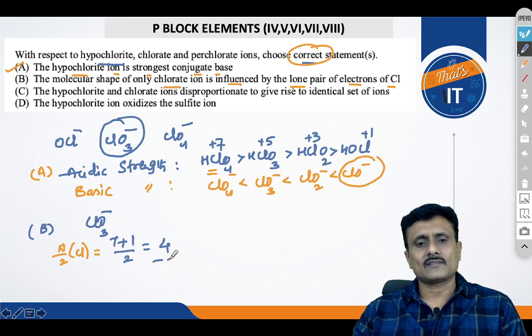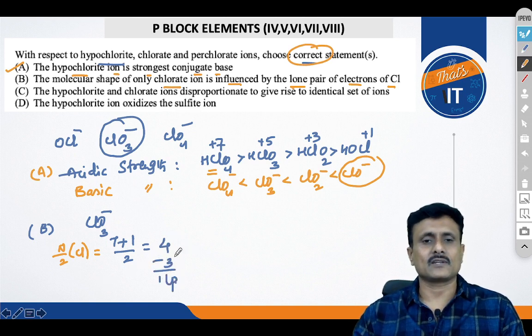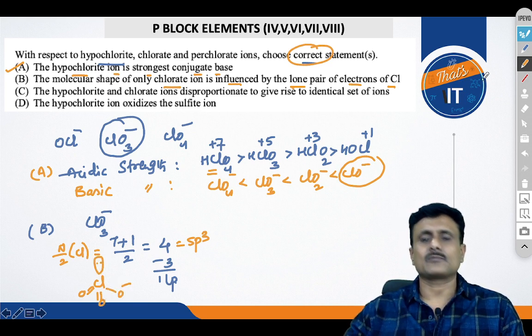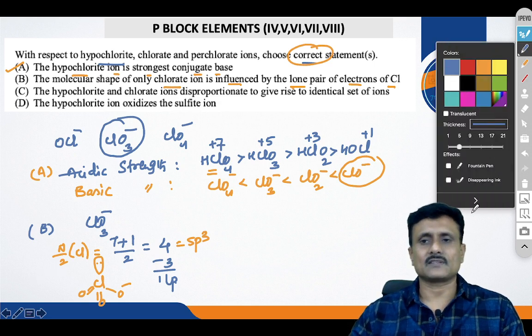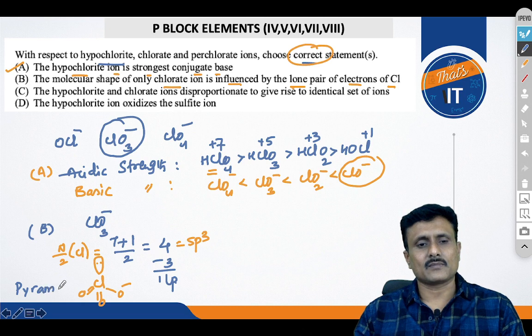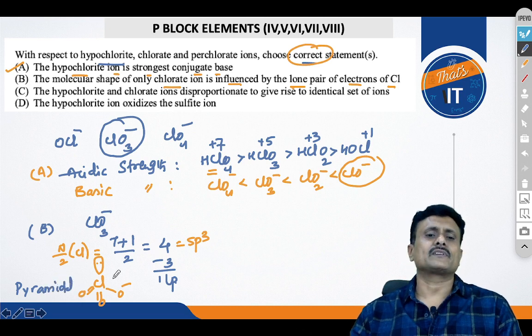So 4 minus 3, that means there is one lone pair present on the chlorine, and you know that the hybridization is sp3. In that case, you will draw the shape like ammonia, isn't it? ClO3 minus, and there is a lone pair. So because of the presence of lone pair, this has become what? Trigonal pyramidal, isn't it? So obviously this is influenced.